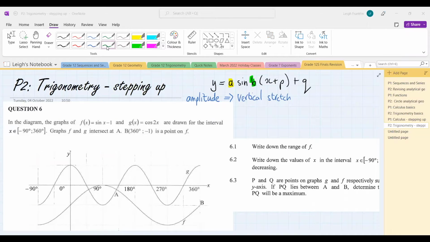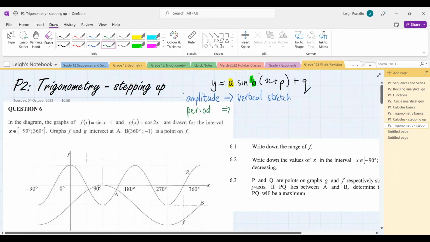The width of the wave, okay, absolutely. So what do we call b? There's a word for it. b changes the period. Yes, quite right. It changes the period.